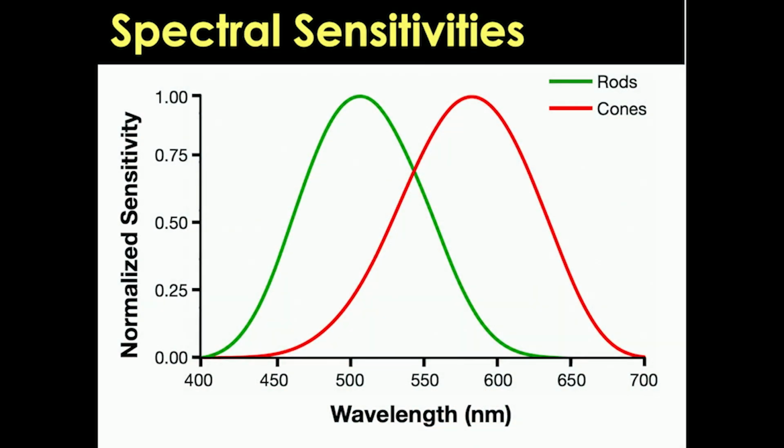There's 2 differences in the way that the rods and the cones work that explain why these goggles work. Okay, the first is that the rods and the cones have different spectral sensitivities, meaning that they respond to different ranges of wavelengths. We interpret wavelength as color.